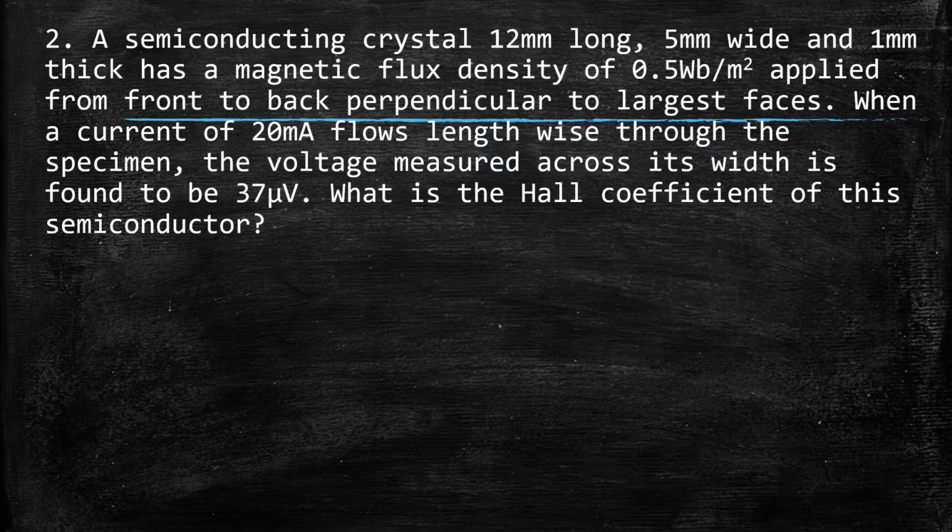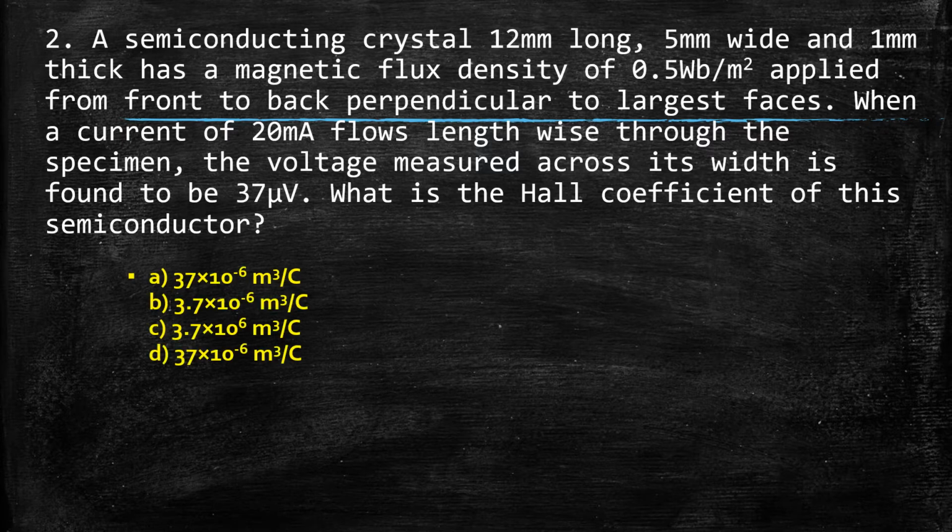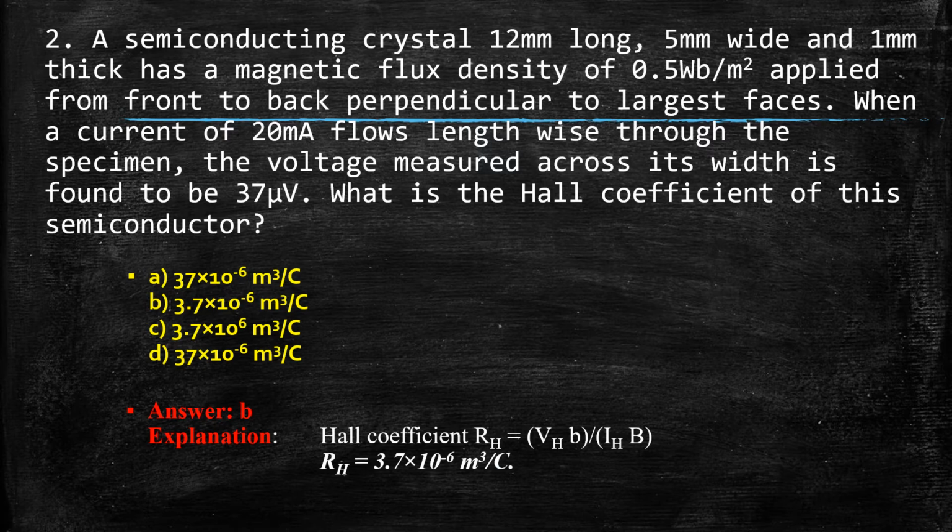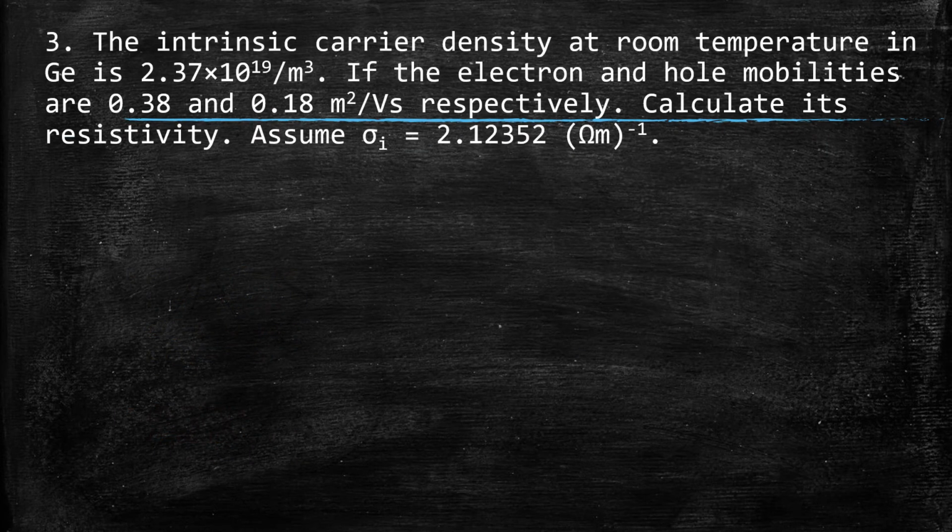What is the Hall coefficient of this semiconductor? The solution is B. The formula for the Hall coefficient RH is VH b by IH B. On appropriate substitution of the various given parameters, we find the Hall coefficient to be 3.7 into 10 power minus 6 meter cube per Coulomb.